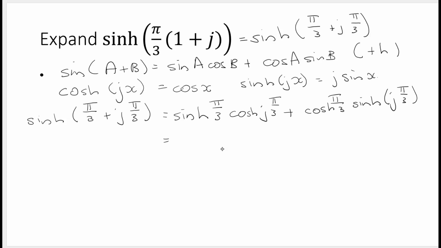So now thinking about this, sinh, that's fine, we can look up this on the calculator. We need the identity to find what cosh j is. Cosh of j is just straight out cos, and sinh of j, the j comes out the front, and then we've just got left with cosh pi by 3 sinh pi by 3.